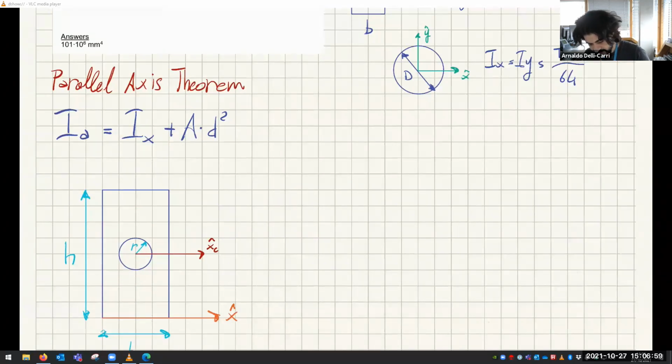I'm saying that Ix, which is the one I want, is Ix of the rectangle minus Ix of the circle.